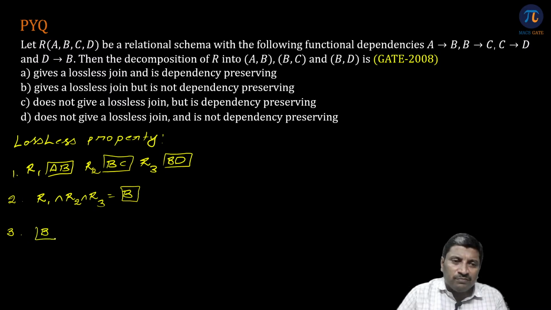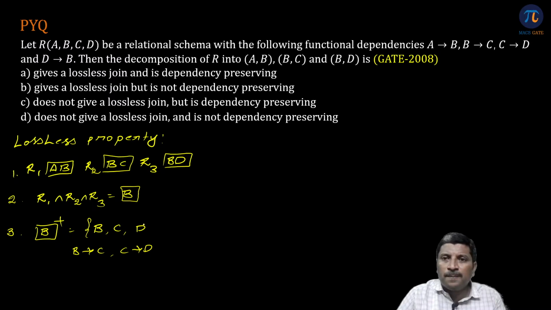What is the next step? Find the closure. What is B closure? With B you can get B. Anything else possible, sir? B implies C. Then I have C implies D. That's it. Right? Now, is it containing all the attributes of R2? Yes, sir. R1 is not there.